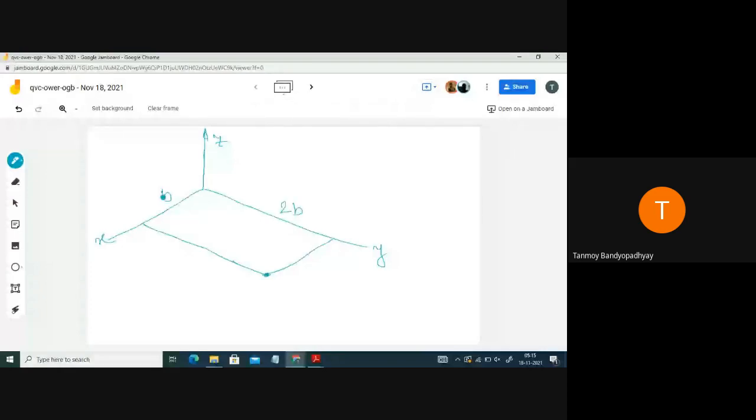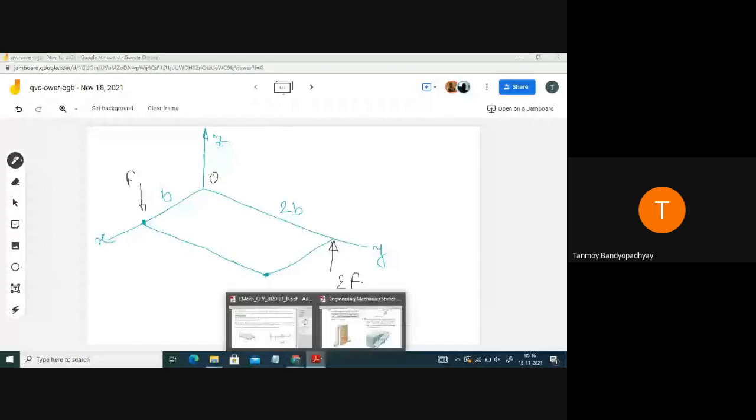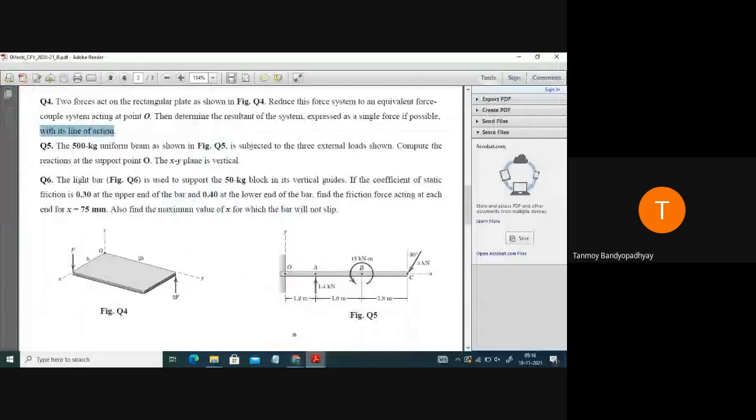At this point we are having a force. This force is given to be F, and at this point we are having an upward force which is given to be 2F, right? So what else? These points have to be named. So this one is O. What else is there? See, these points are not given actually.